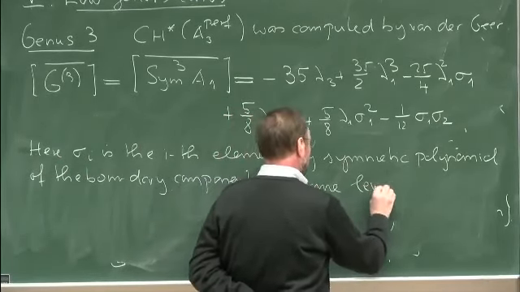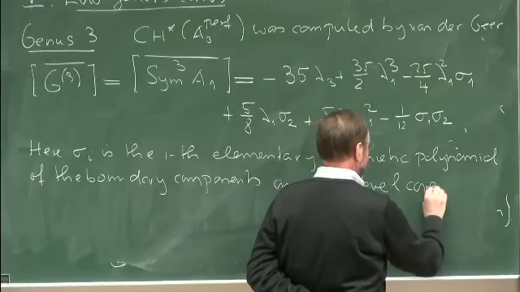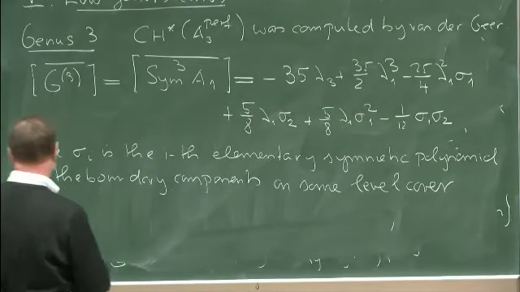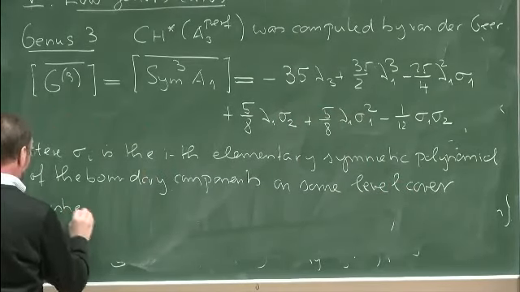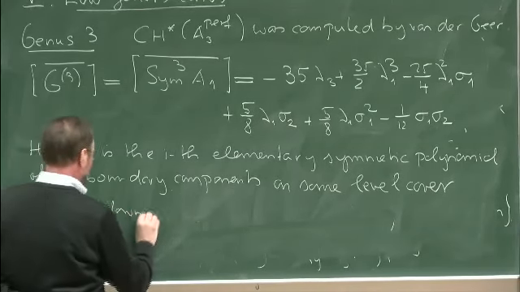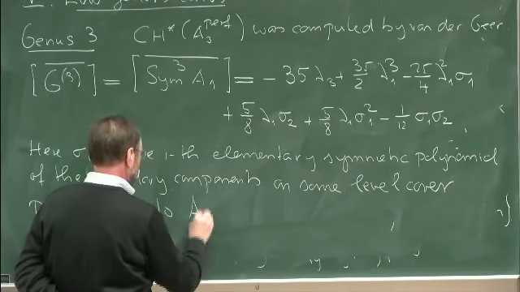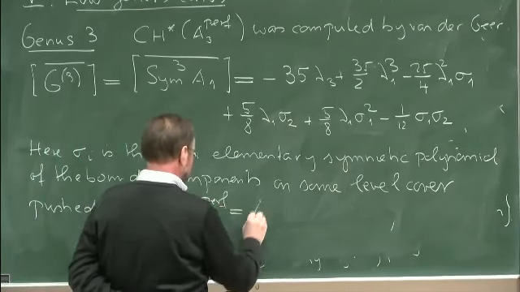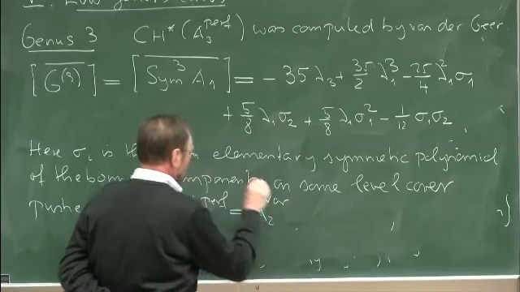There we have several boundary components, so that makes sense. Pushed down to A3 perf, which by the way is the same here as second Voronoi.